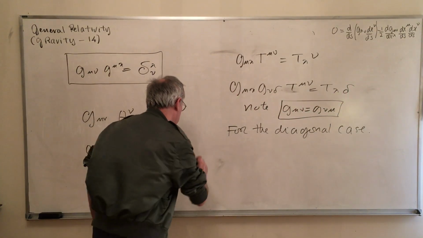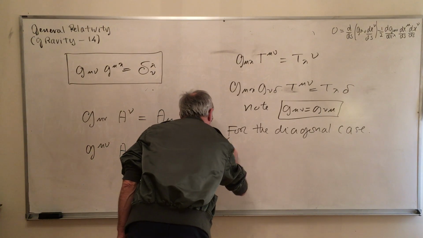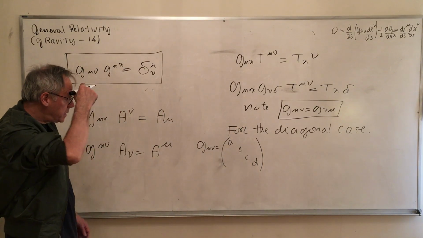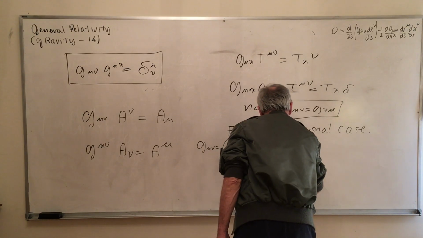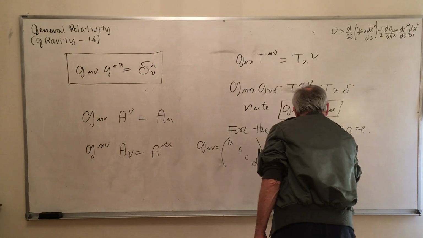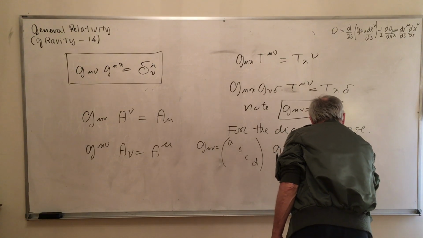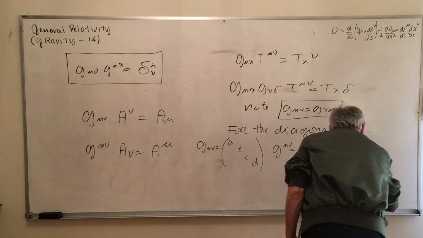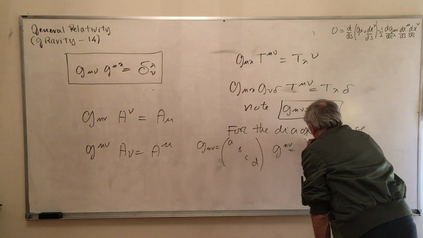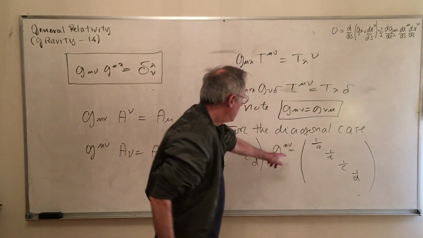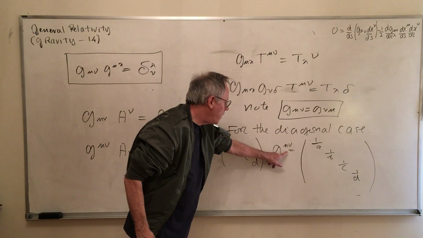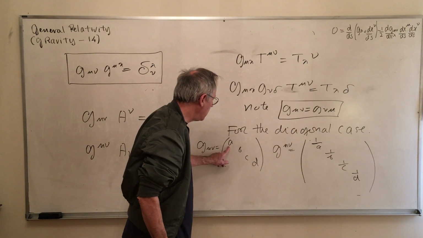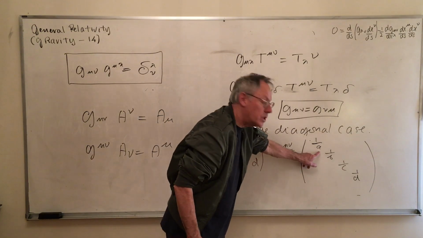Now, for the diagonal case, a diagonal metric might be A, B, C, D. The contravariant form of the G mu nu, whose elements are diagonally A, B, C, and D, is the matrix of the reciprocals.